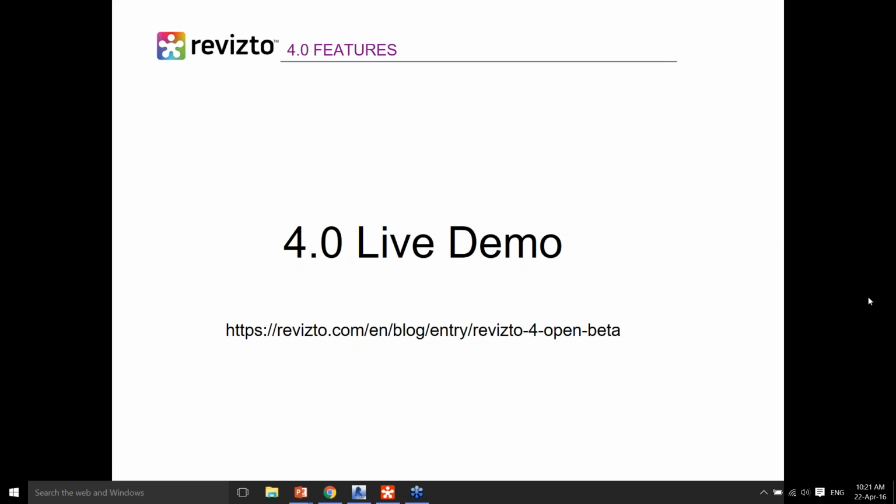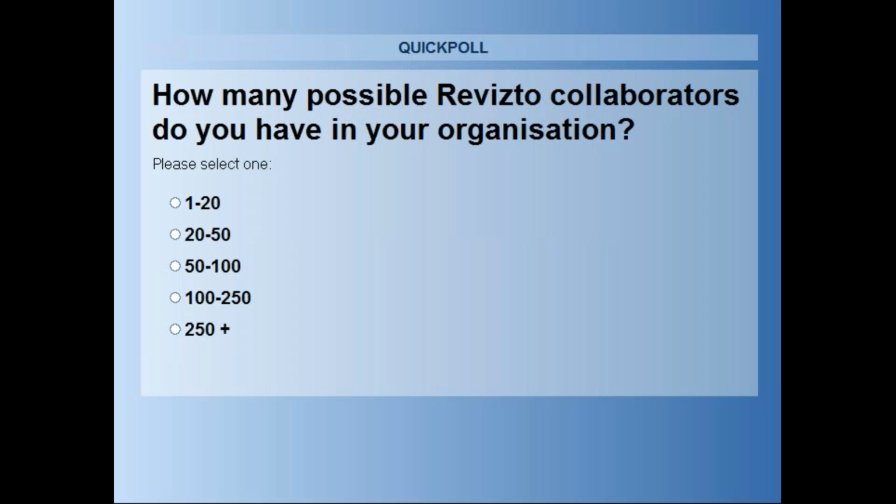And I've got a second poll that I'll ask as well. So I'm looking to understand the size of the businesses that are in today's presentation. Revizto works on the concept of collaborators, people that are engaging within the model environment. Within your business, if you can click on one of these that best describes how many collaborators you think would be engaging in the Revizto environment for us.